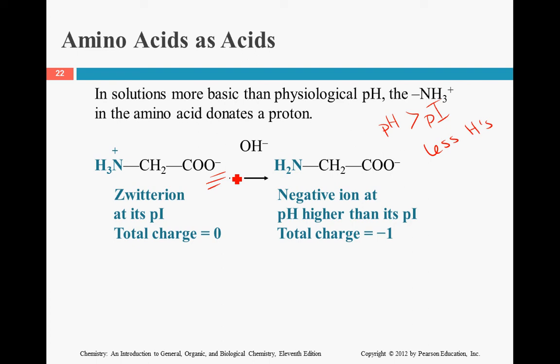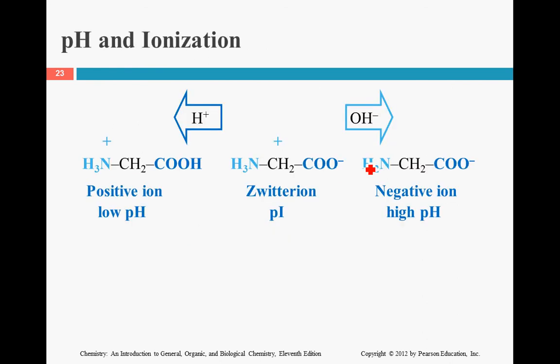However, since there's fewer hydrogens floating around in the solution, this NH2 isn't as likely to pick up a third hydrogen, so it stays NH2. So that's why at a higher pH, it's a negative 1 charge, because this still gives up the hydrogen, the NH2 just doesn't accept one. So as a summary, low pH, positive, high pH, negative. And it's low and high in comparison to the PI.